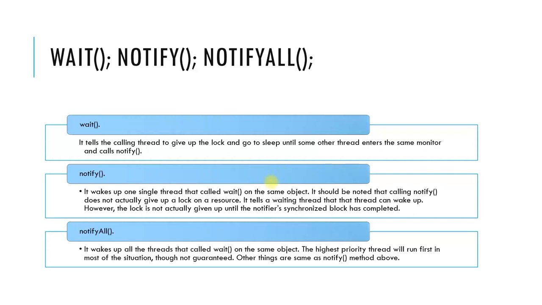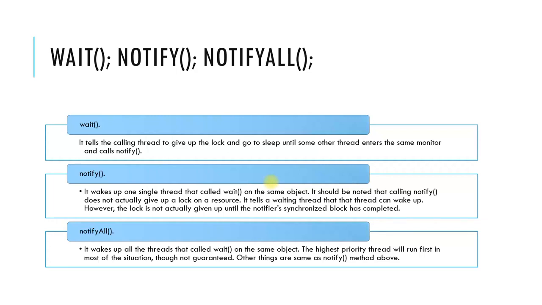Also, to communicate between threads, we can use the wait and notifyAll methods. These are Object class methods. The wait method tells the thread to give up the lock and go to sleep until some other thread enters the same monitor and calls notify.